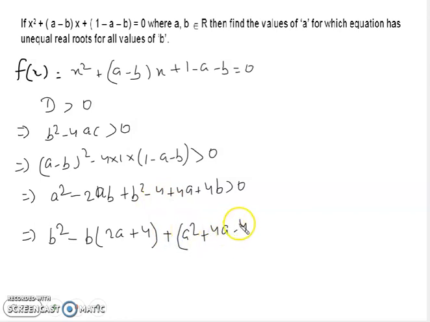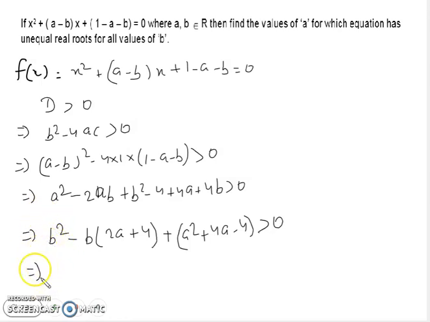Now it is also in the form of a quadratic equation, where instead of x, b is present.